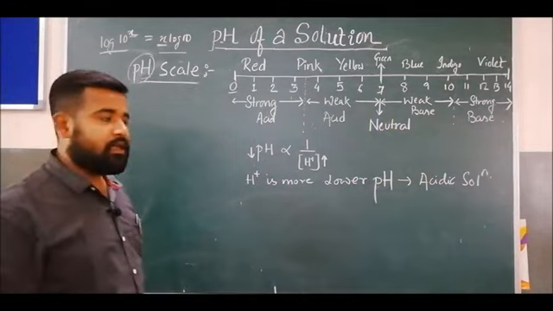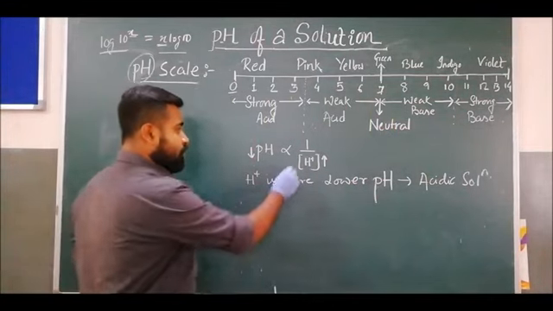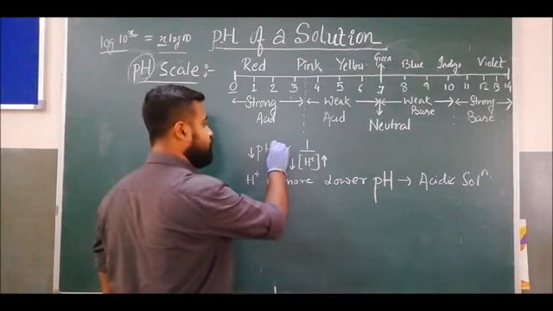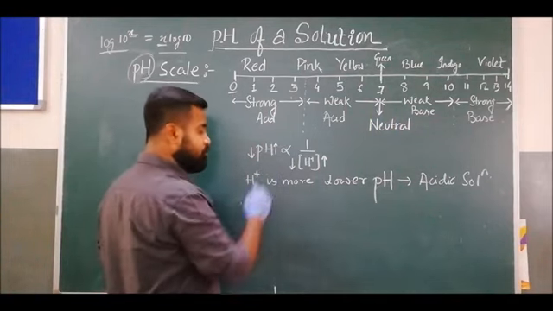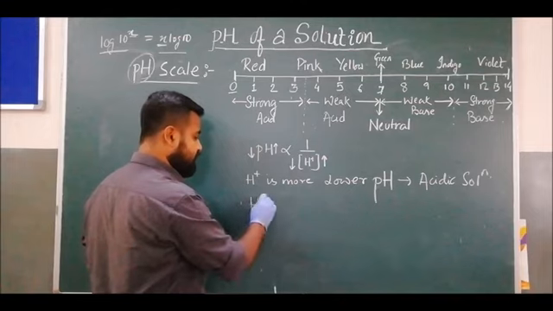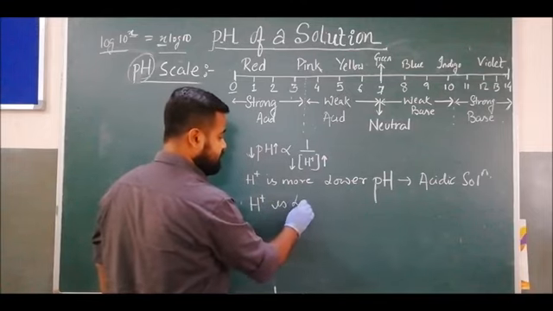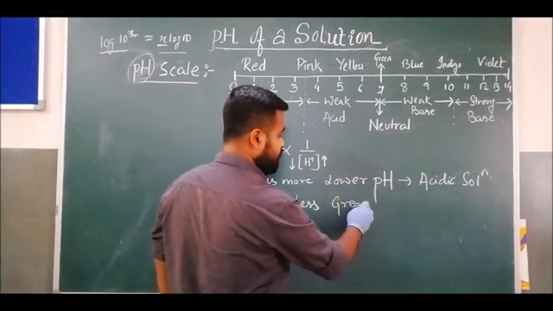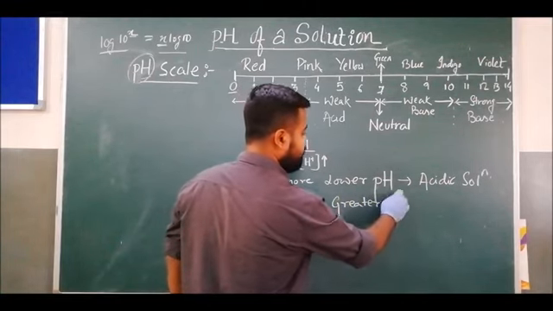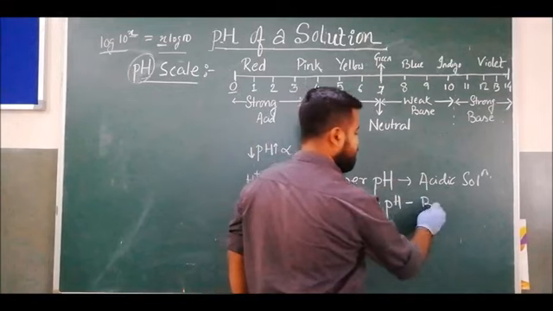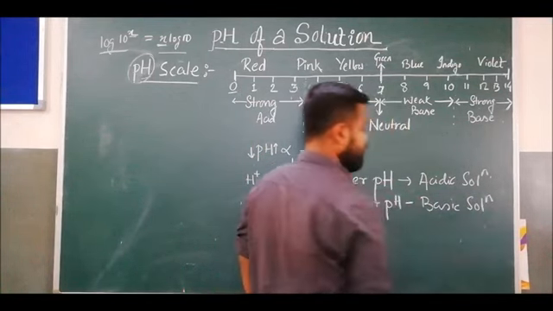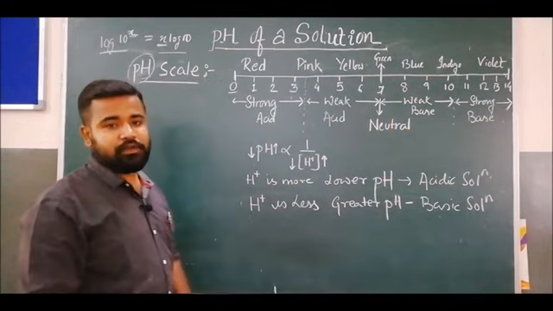When the hydrogen ion concentration is low, the pH value is more, because these are inversely proportional. So when the hydrogen ion concentration is less, the pH value is greater, which means it is a basic solution.